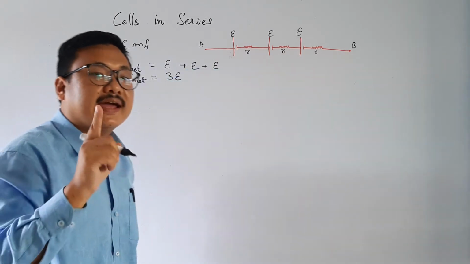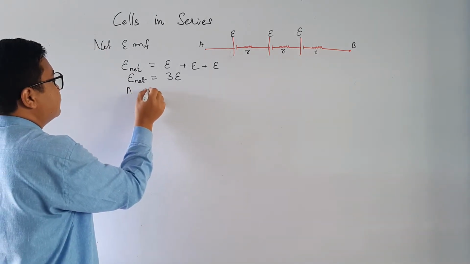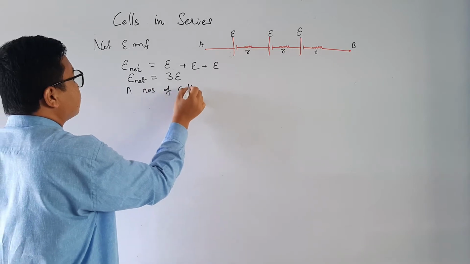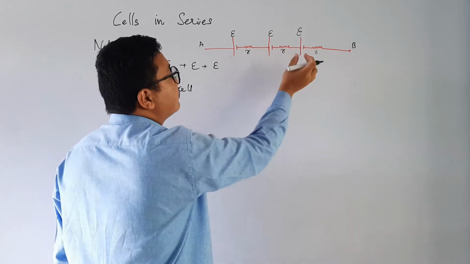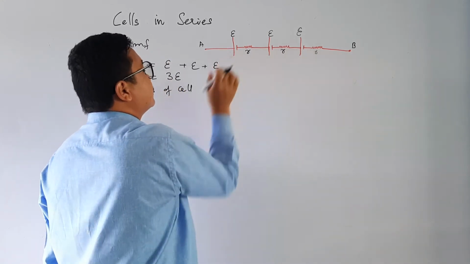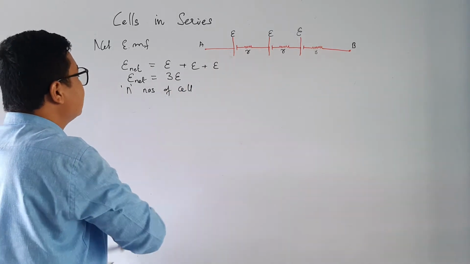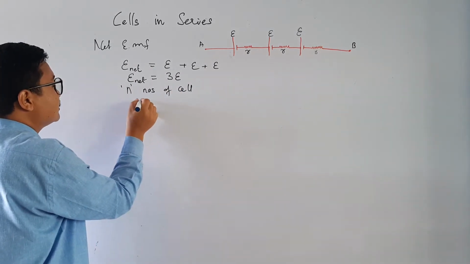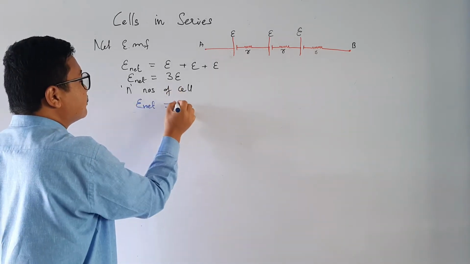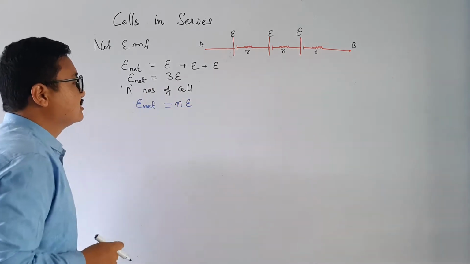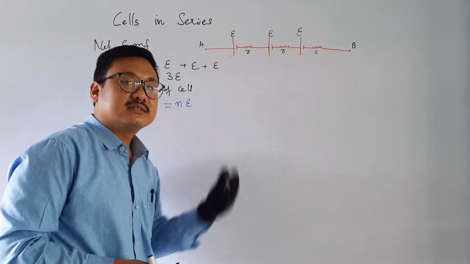Now if there are n number of cells, here we have 3 cells, 1, 2, 3. So we got 3E. Now if there is n number of cells, then E net for n numbers will be equal to, instead of 3, n E. So this is the net EMF of cells in series.